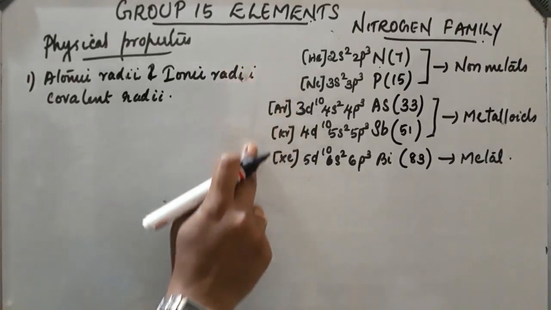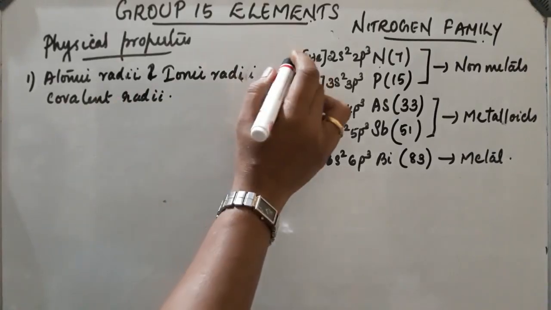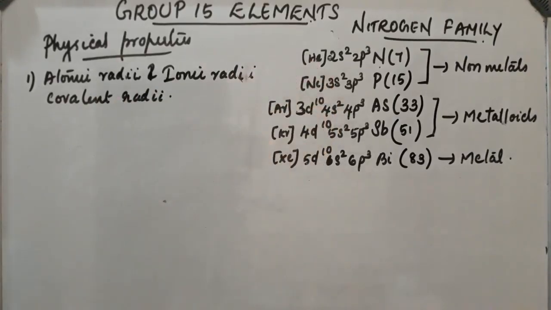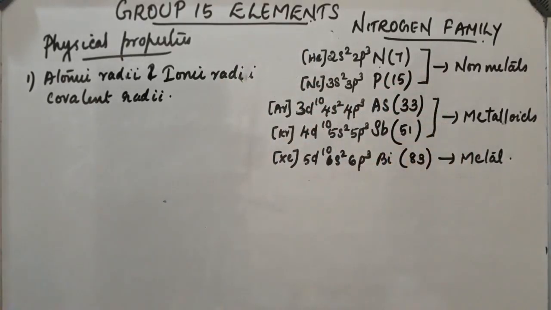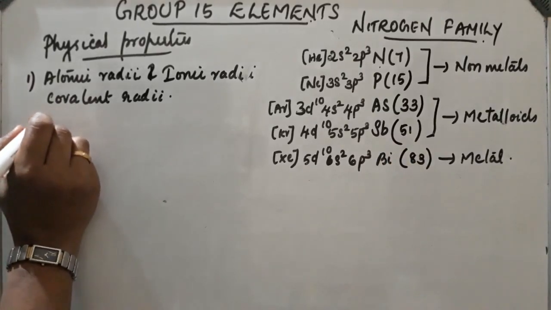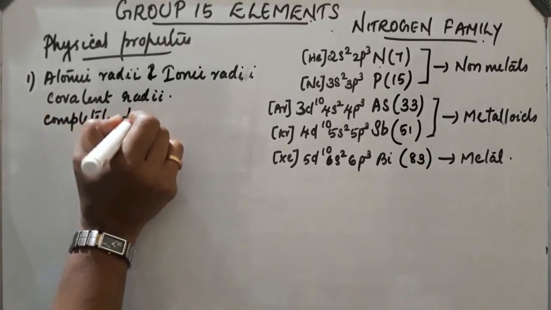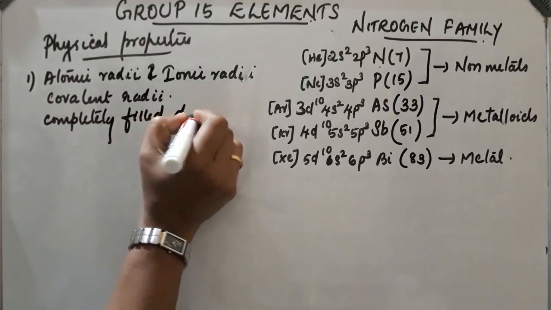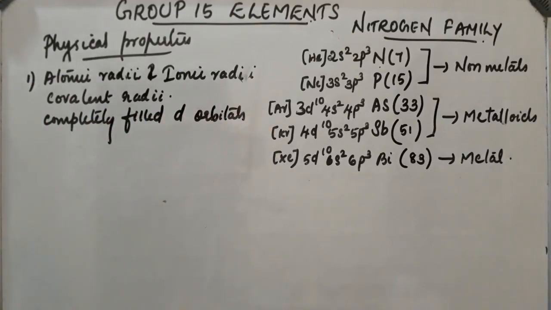But this increase is seen from nitrogen to phosphorus. From arsenic to bismuth, there is only a small increase in the radii. This is due to the presence of completely filled d orbitals.